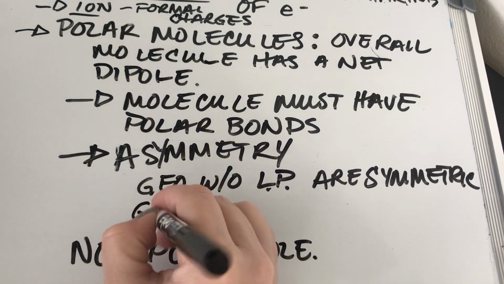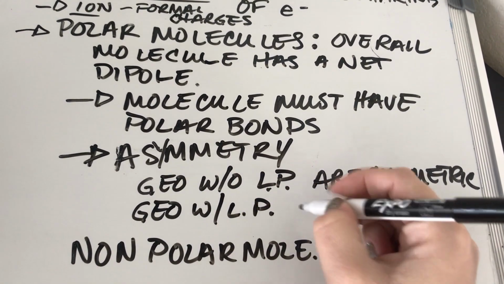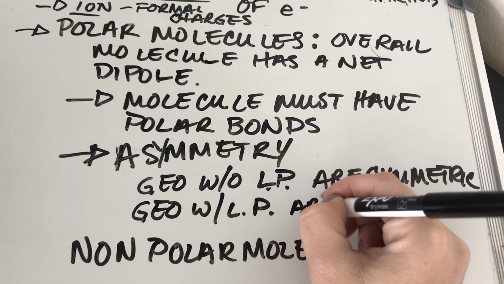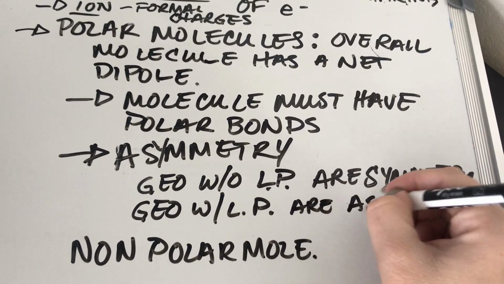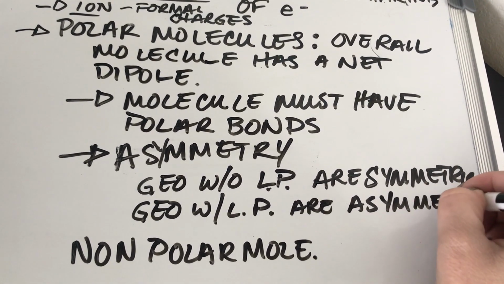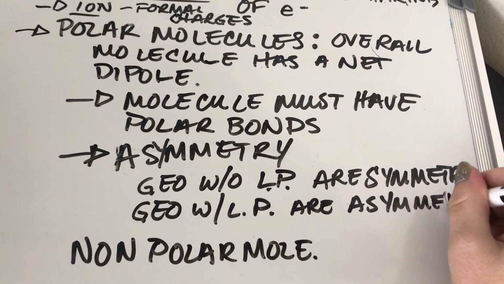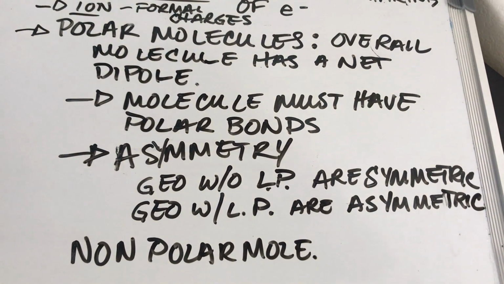Geometries with lone pairs are asymmetric. Oh my god, you guys, I really can't spell this word. Asymmetric. Okay?